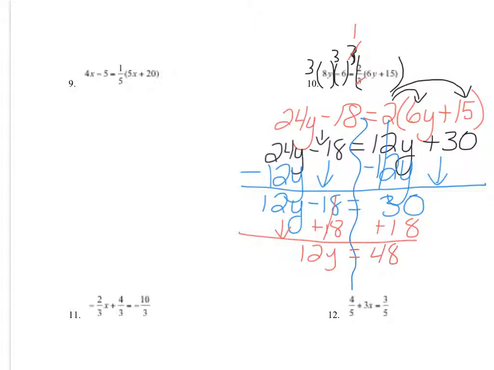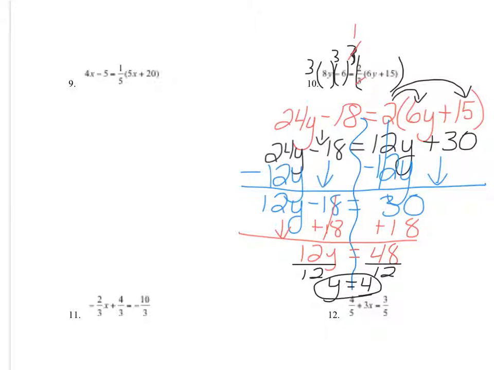Last step. Oh, this is a long one, guys. Divide by 12. Divide by 12. I ran out of room. Well, sort of. Okay. Y is equal to 4. Yay, we got the answer. Hey, I started writing really big and then I had to start squishing it.